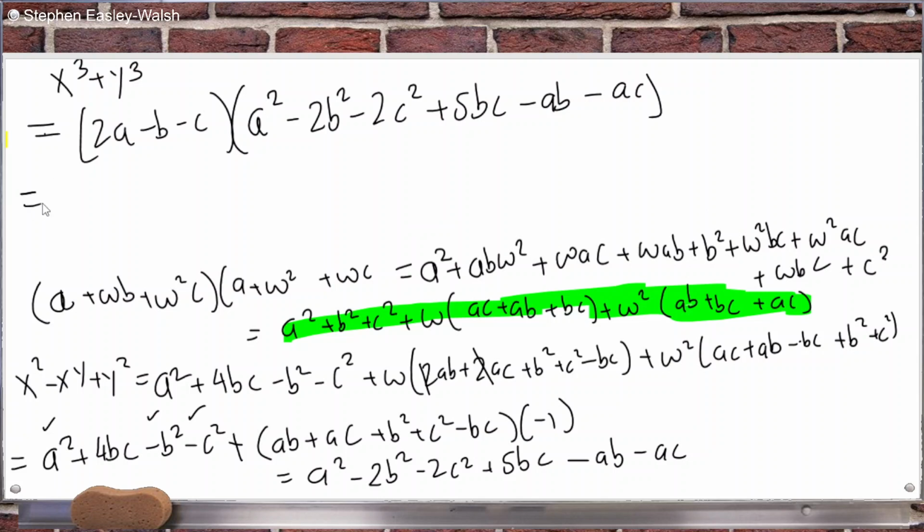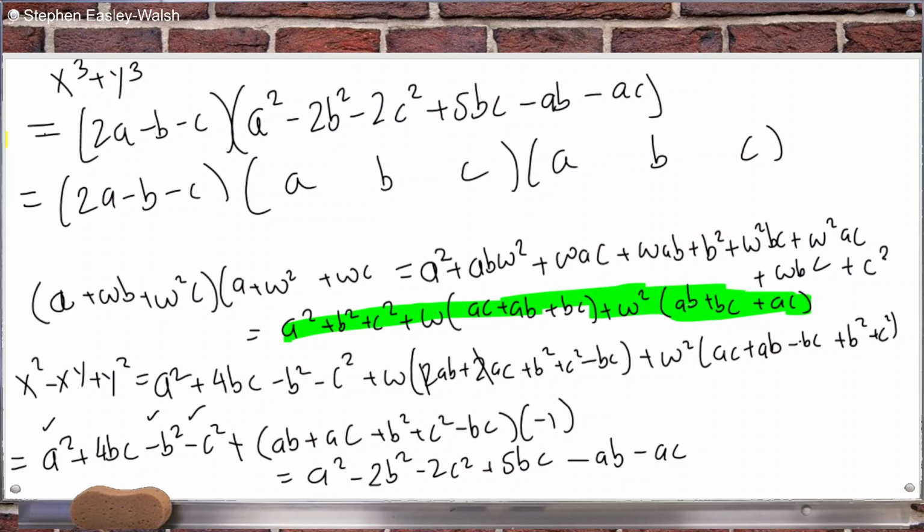So that's 2a minus b minus c. So let's see if we can get an ABC and an ABC here. To get the a squared, they both have to be 1s.